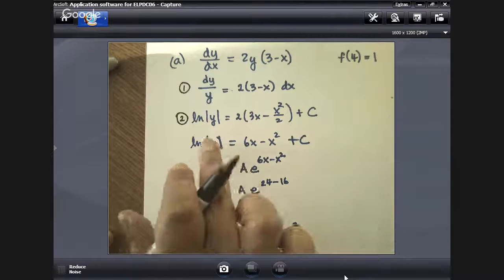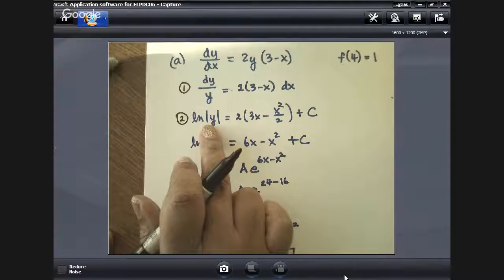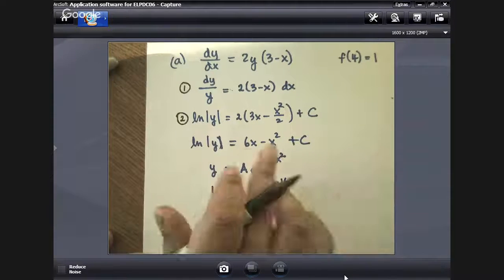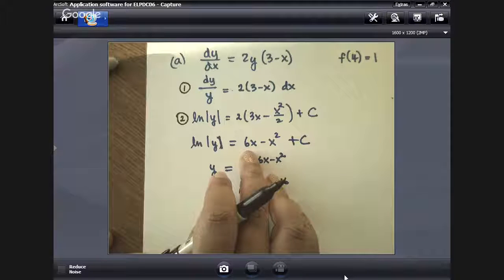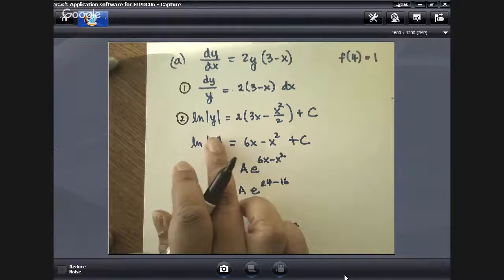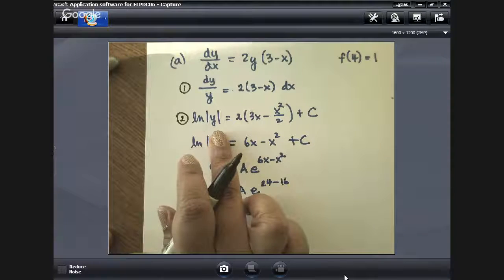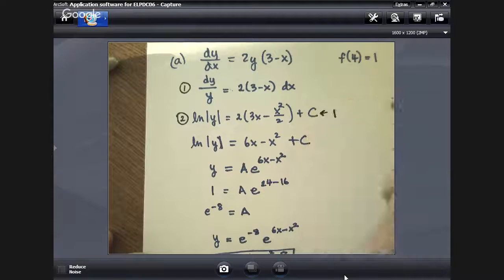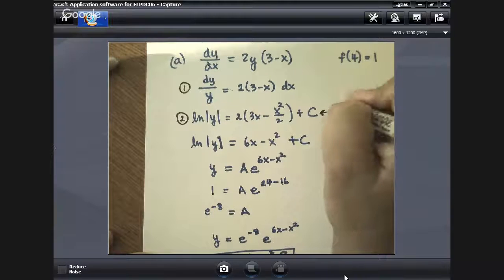What I would say is really important is don't forget to put the absolute value of y, or if you don't put it, put some notation somewhere why you're not putting it. So put it. The absolute value of y around the natural log, and you get 1 point just for the constant of integration.